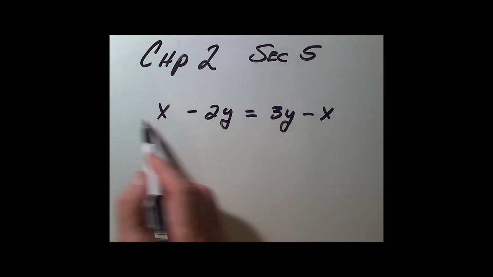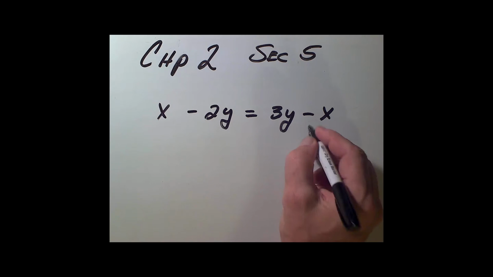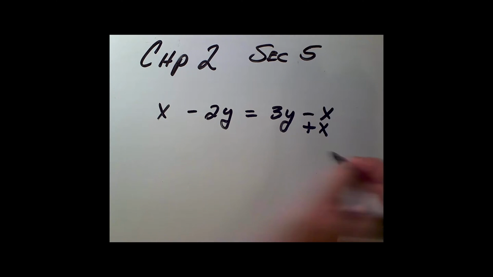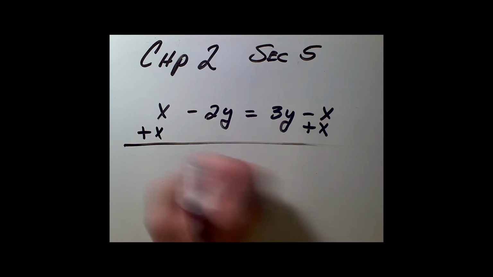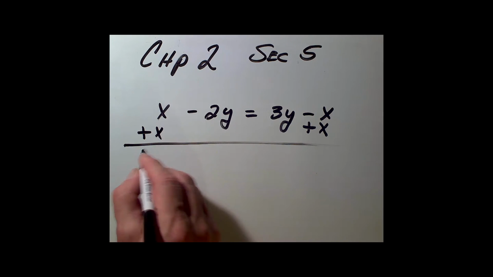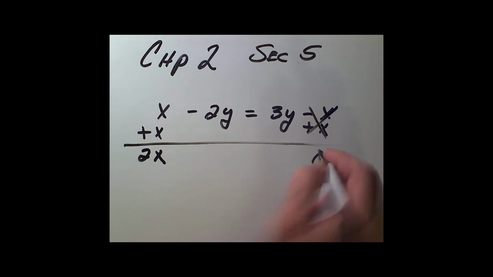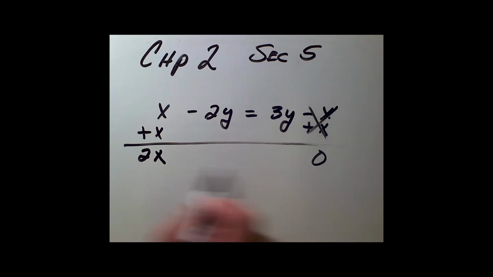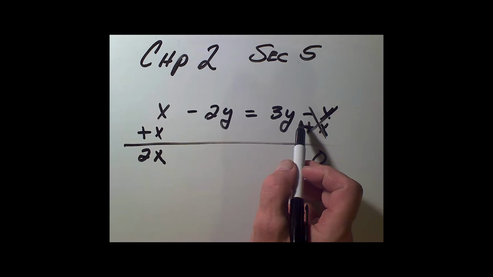Where can I stay with positive x's? Well, obviously on this side, because I'd have to add an x here and add an x here, right? And if I add those two together, I would come up with 2x here, and this would actually turn out to be 0. Well, if you notice, if I brought my x's to this side, I need to bring my y's then over to this side.